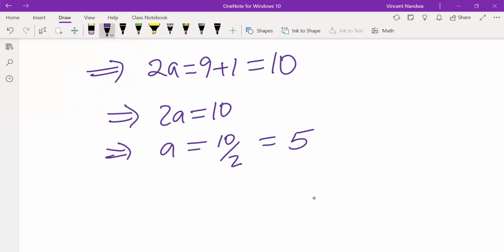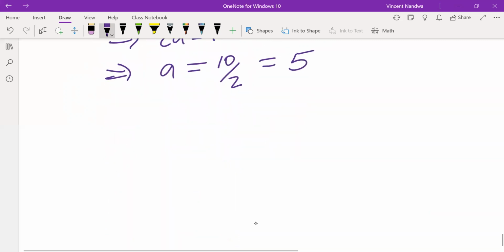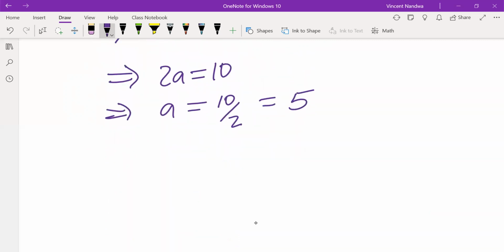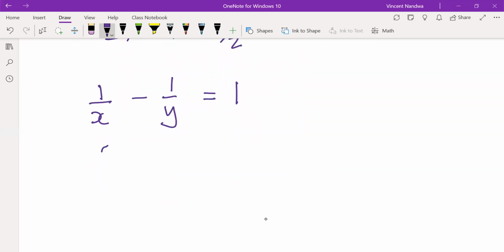And then next one. If I have 1 over x minus 1 over y equals 1, and then another one is 2 over x plus 3 over y equals 7.